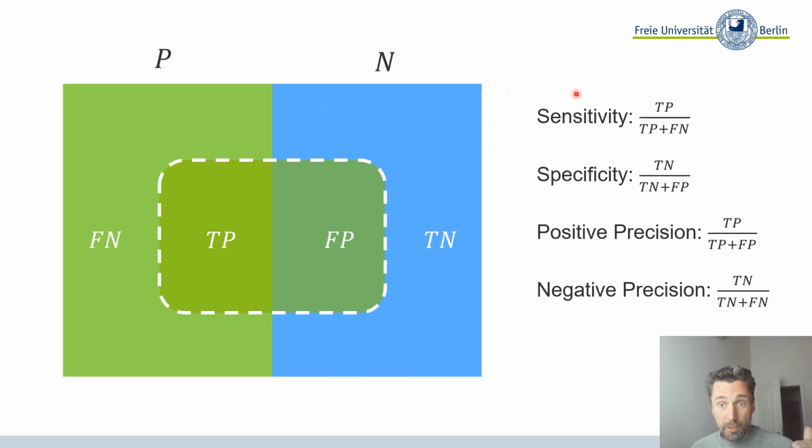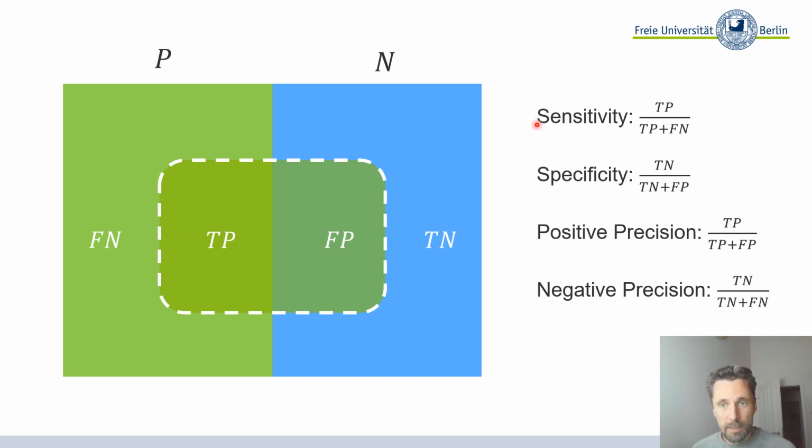Let's compare these four metrics: sensitivity, specificity, positive and negative precision. We have the space of all our data divided into positive and negative outputs. Yeah? So these are the real labels, positive and negative. And the output of our model that is 1, so that corresponds to label P, positive, is within this box. Yeah? Everything outside the box is what the model would classify as negatives.